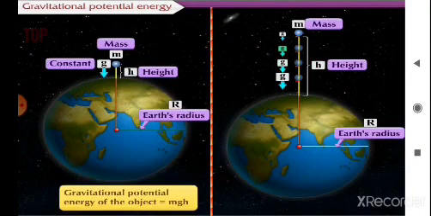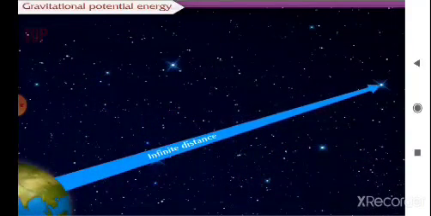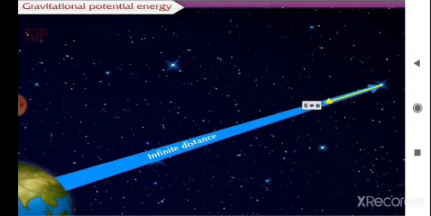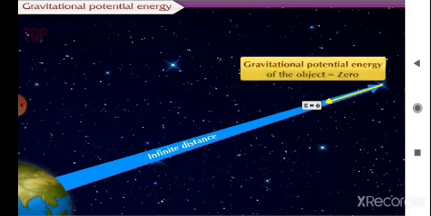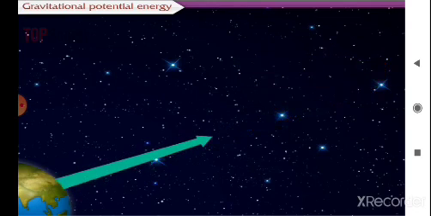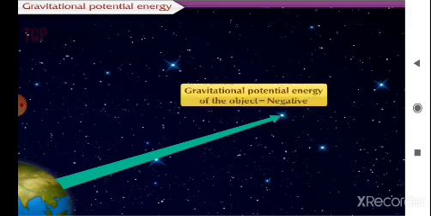For an object at an infinite distance from the earth, the value of g is 0 and the earth's gravitational force does not act on the object. So it is more appropriate to assume the value of potential energy to be 0 there. Thus, for smaller distances, that is heights, the potential energy is less than 0, that is, it is negative.